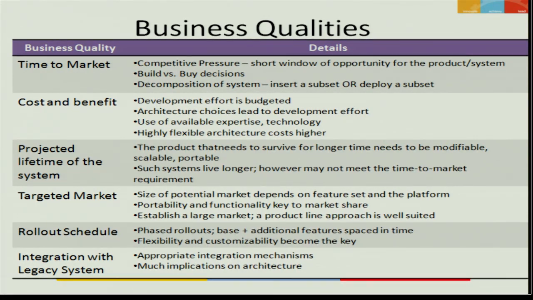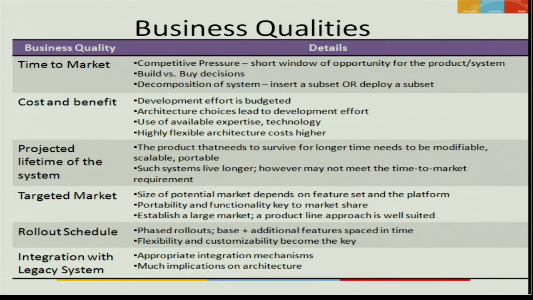When such systems live longer, at the time of design itself, the architect needs to take these things into account. What are the targeted markets? What are the feature sets for that particular market that one needs to analyze in terms of portability as well as functionality? Oftentimes people use a product line approach to address the targeted market. We are not going to address product line in this particular course.